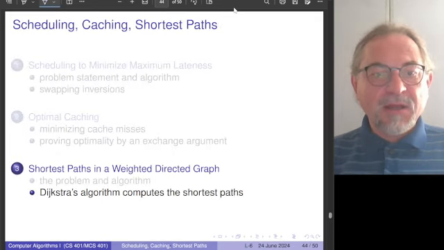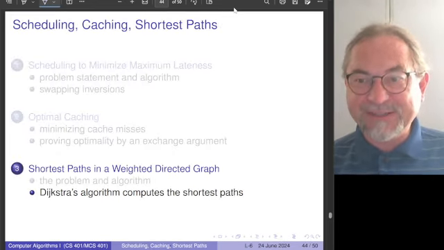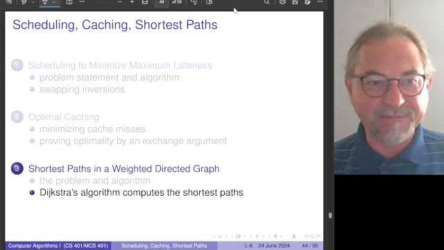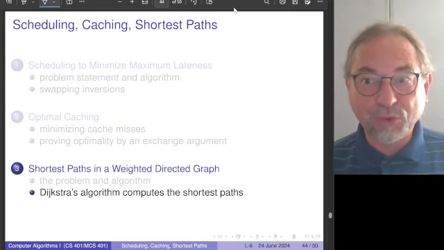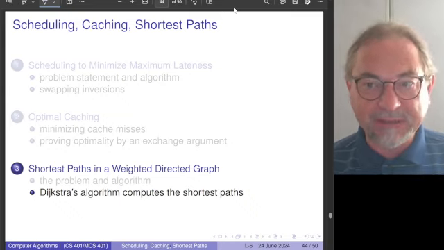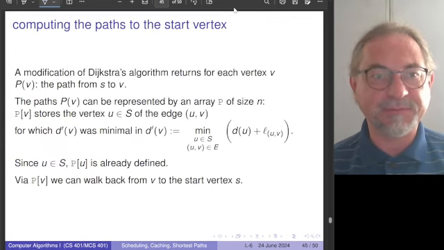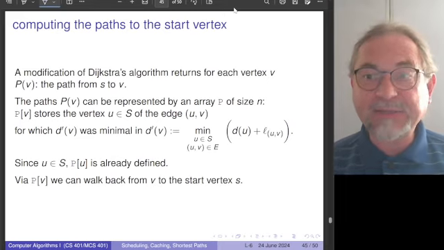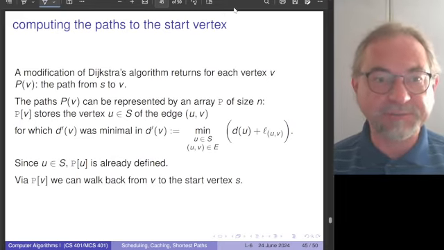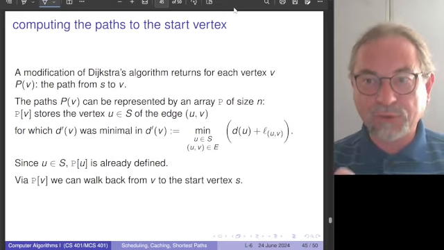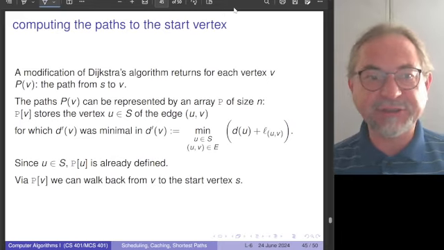Okay, now comes the hard part of the lecture. I'm more than halfway through what I have budgeted. We now have to prove that we indeed compute the shortest paths with this algorithm. Actually, we compute the shortest paths. When I was running the algorithm through the example, I highlighted in red the selected edges.